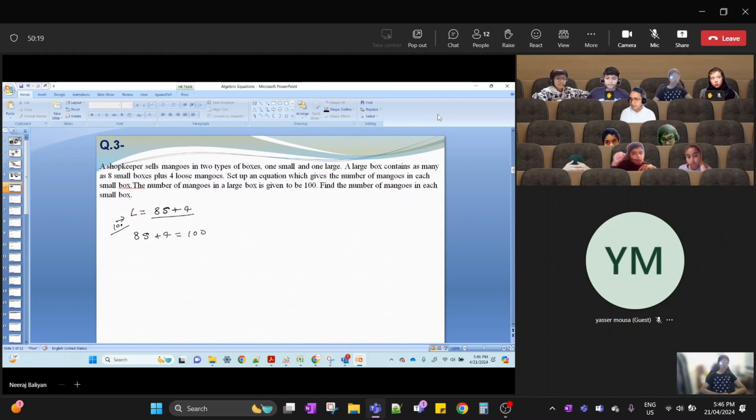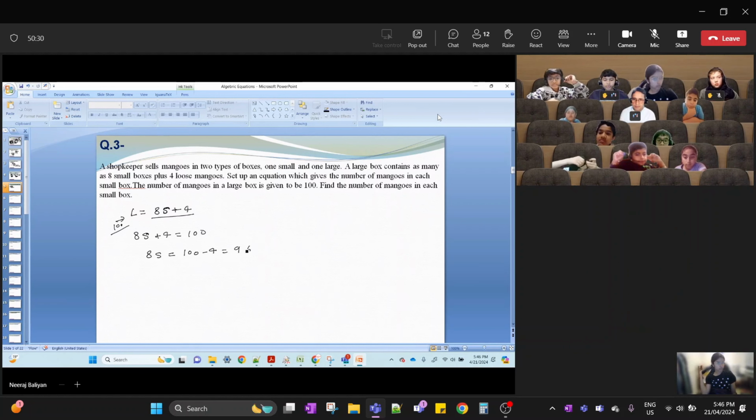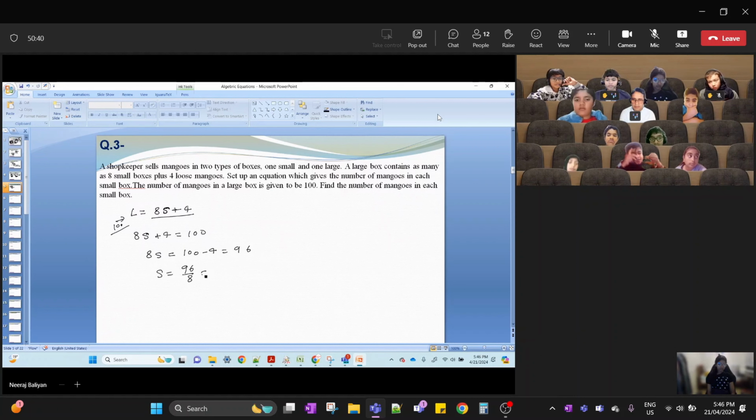So you will keep 8S alone. 8S is equal to 96, since 100 minus 4 is 96. So S is equal to 96 divided by 8, which is 12. Very good try, Abhi. Thank you. Is this correct?